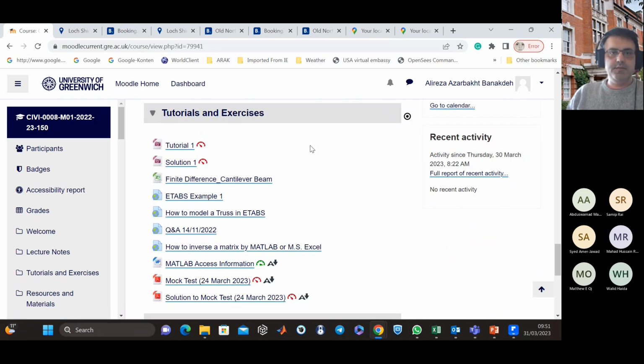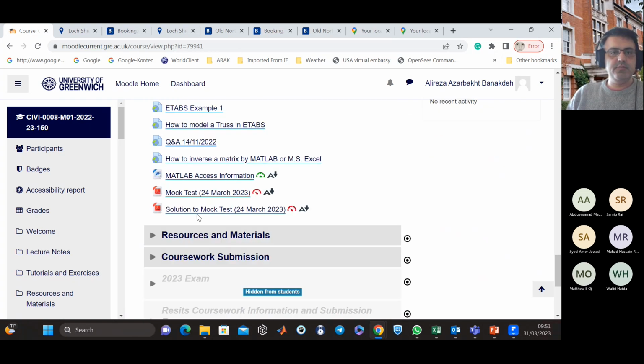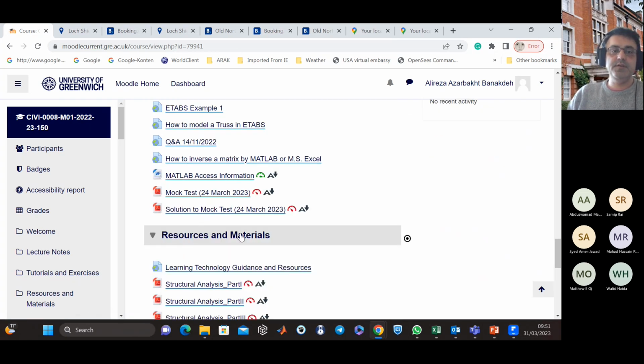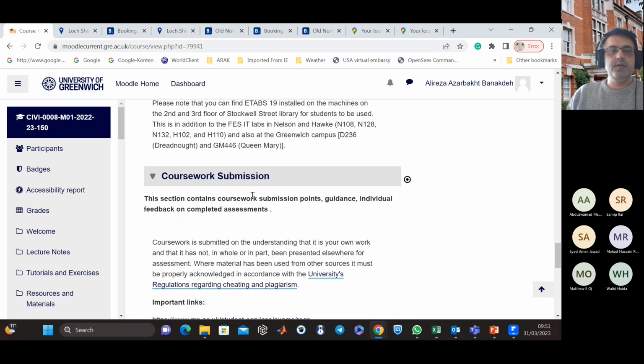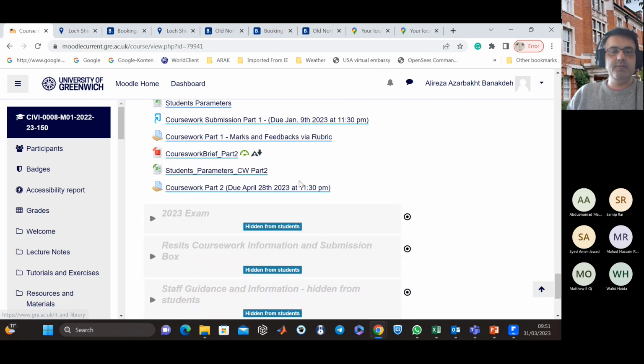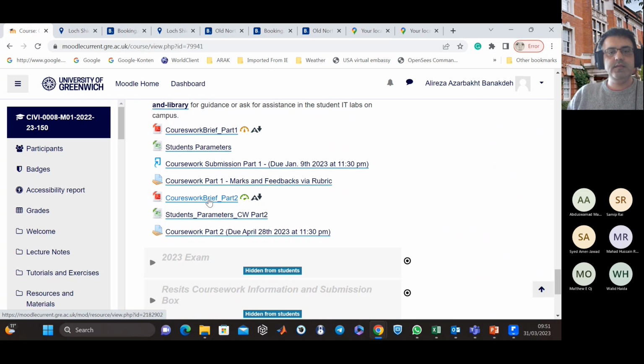Also, in the tutorial and exercise sections you will have some useful materials, and in the resources and materials. In the coursework submission, I've already created the second part for you to submit your work, and I will download your work and mark it.